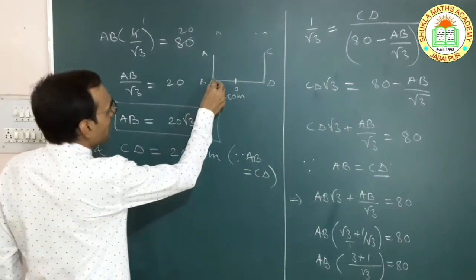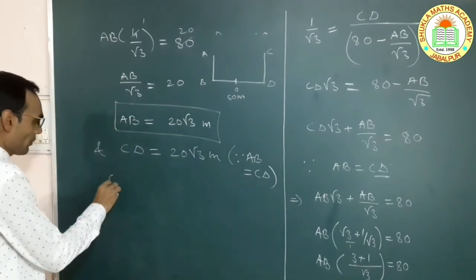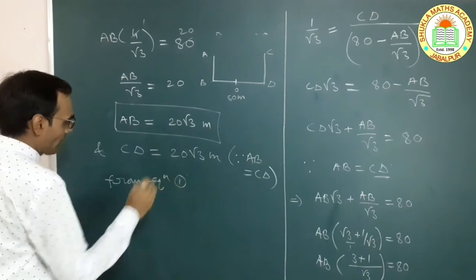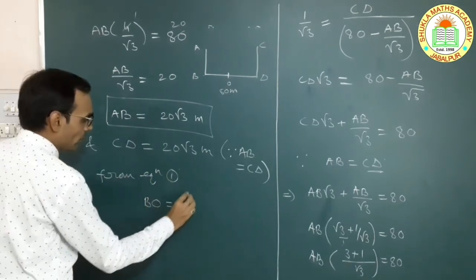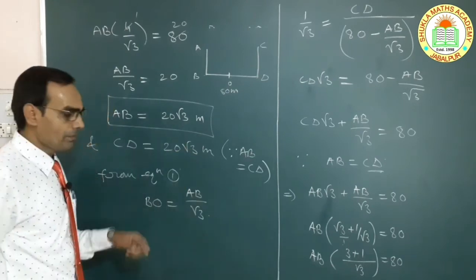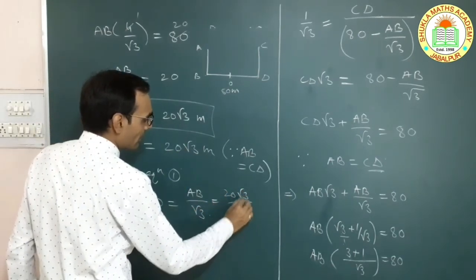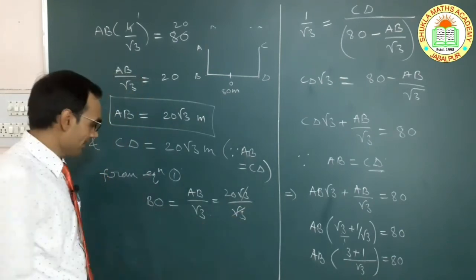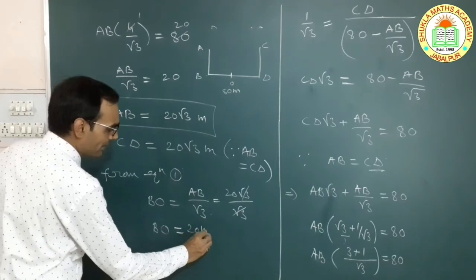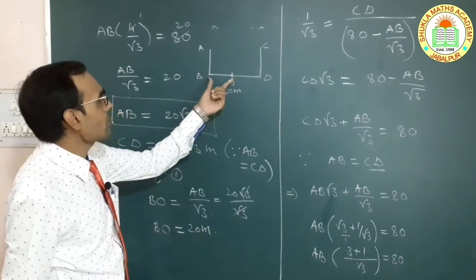Now the value of OB we can easily find from equation number 1. From equation 1, BO equals AB by root 3, and our AB is 20 root 3 by root 3. So root 3 will be cancelled. We get the value of BO as 20 meter, right?